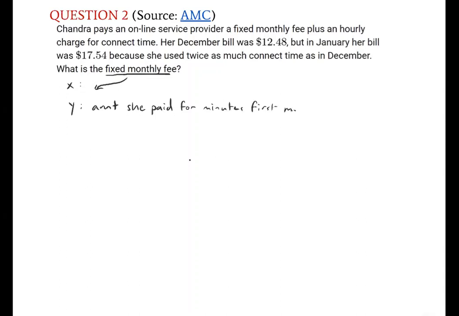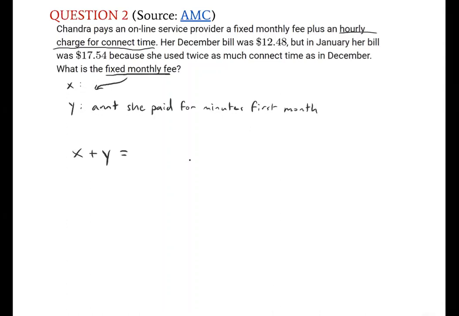Okay, so basically we really don't need to know what this hourly charge is, so you can just ignore that. So basically, for her December bill, that's just X plus Y. X is your fixed monthly fee, and Y is just the hourly charge, basically.